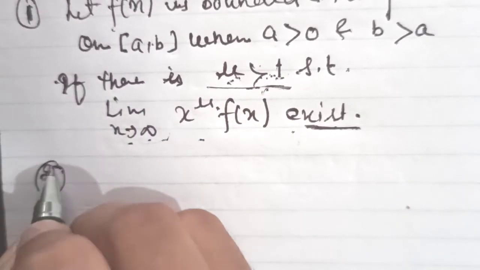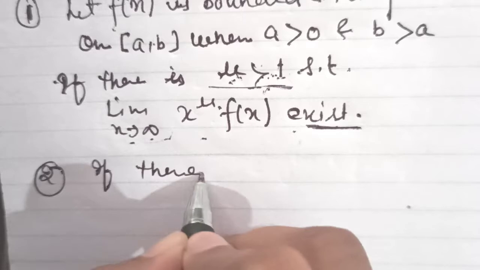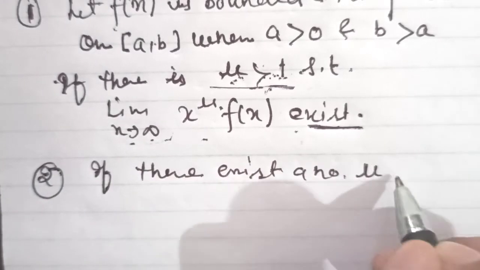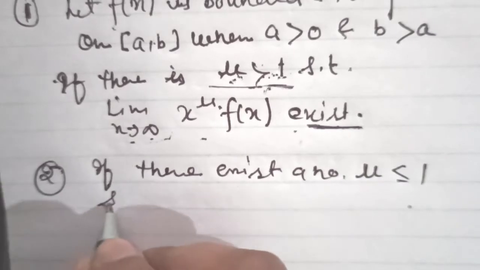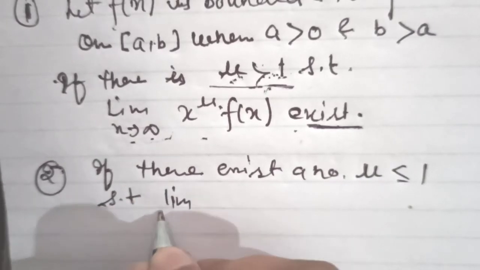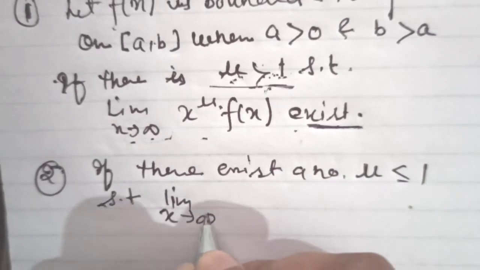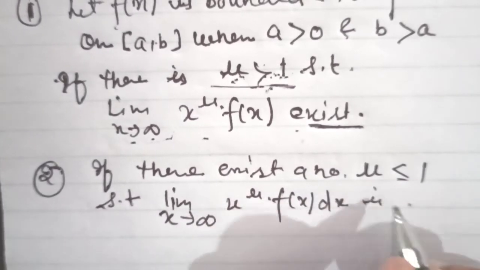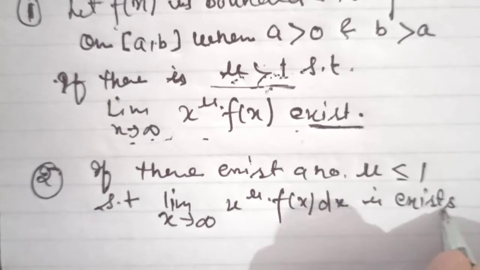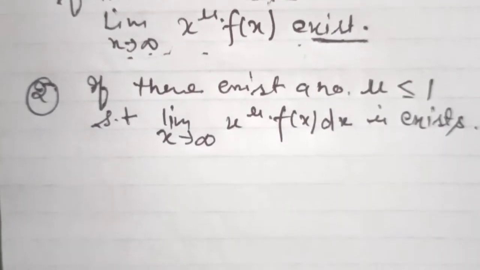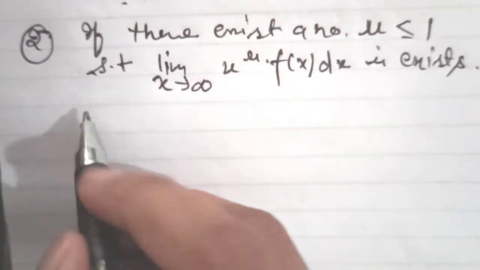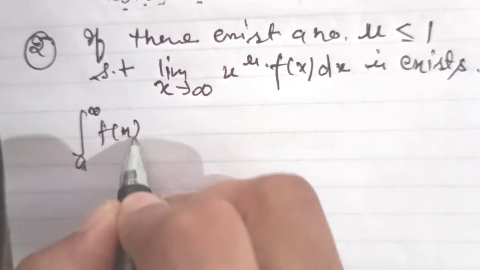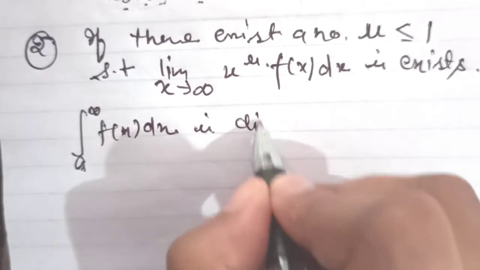So take the second step. If there exists a number mu which is less than or equal to 1 such that the limit as x tends to infinity of x to the power mu into f(x) dx exists, then the integral from a to infinity of f(x) dx is divergent.